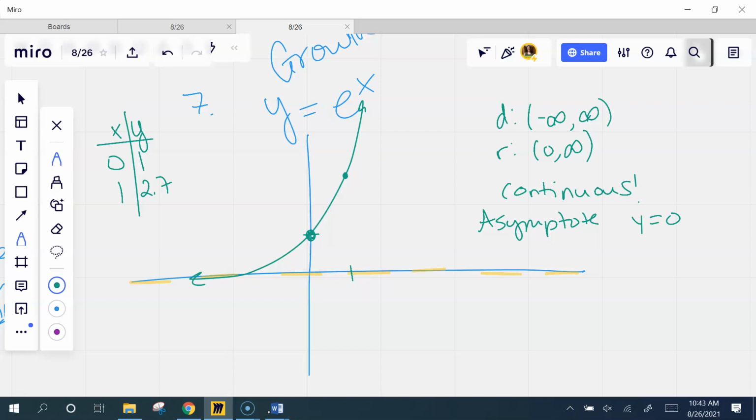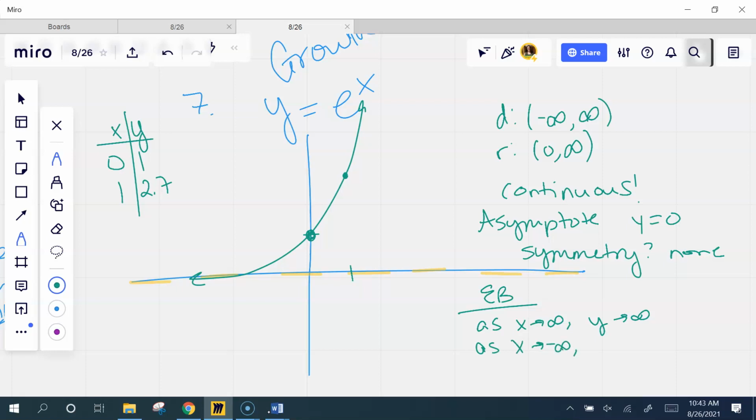Does it have symmetry? None. What's the end behavior look like? What about the other end?